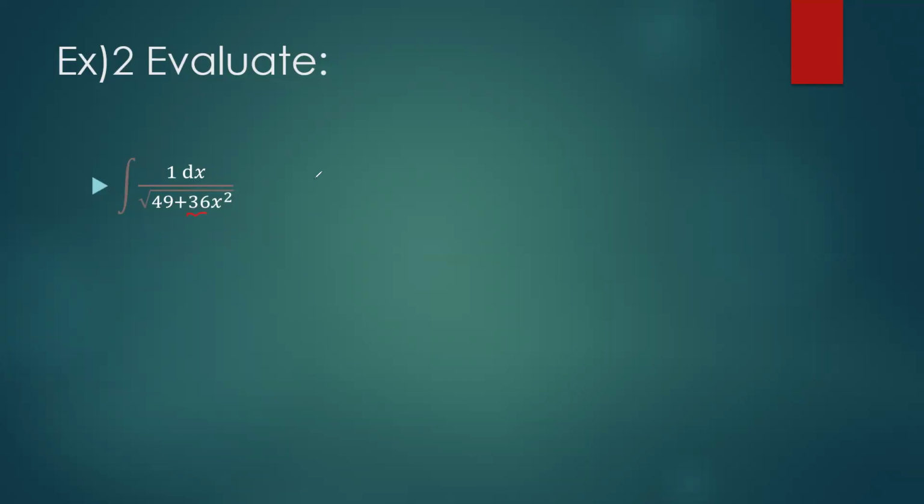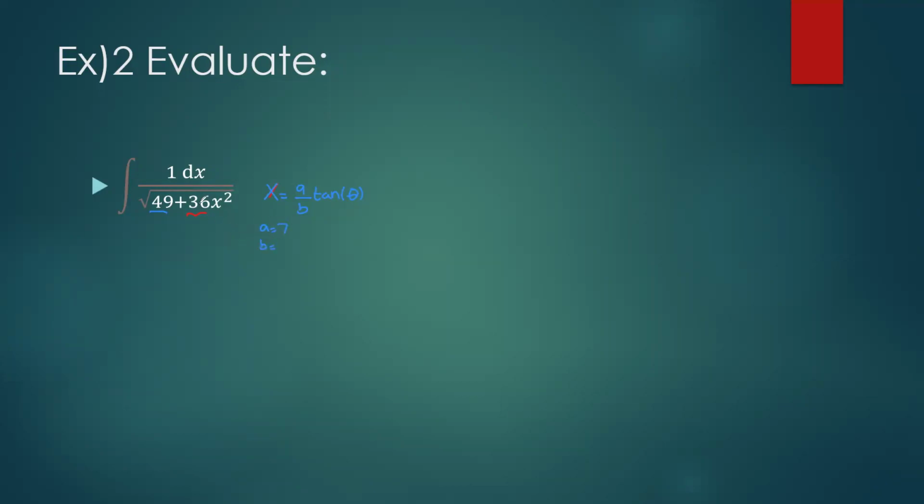So our substitution is going to be x equals a over b times tan of theta. We have to figure out our a and our b. Our a value is related to the 49, so a is 7 because 7 squared gives you 49.